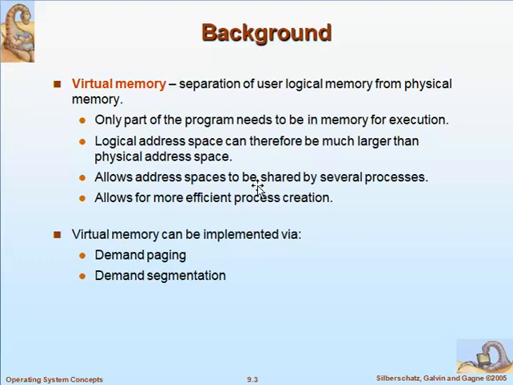Even if we say we need the entire program, we will not require it all the time, right? A certain part of the program is required at a certain time. Everything is not required at the same time.